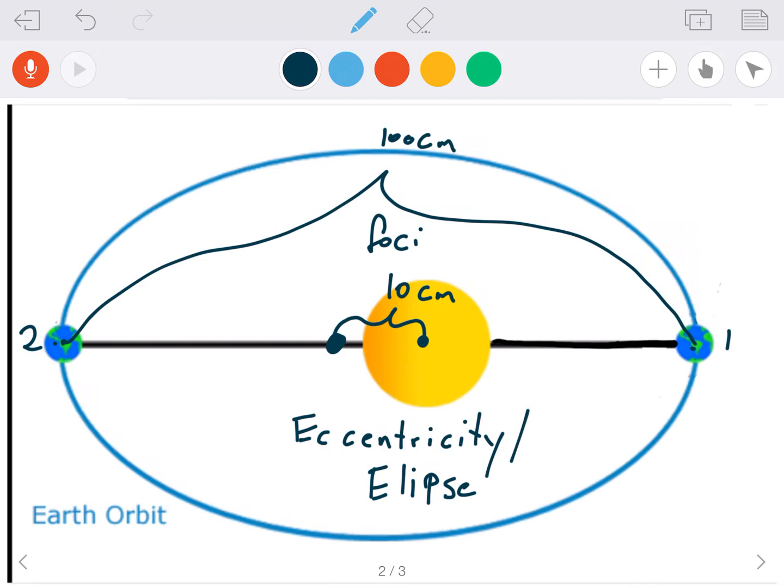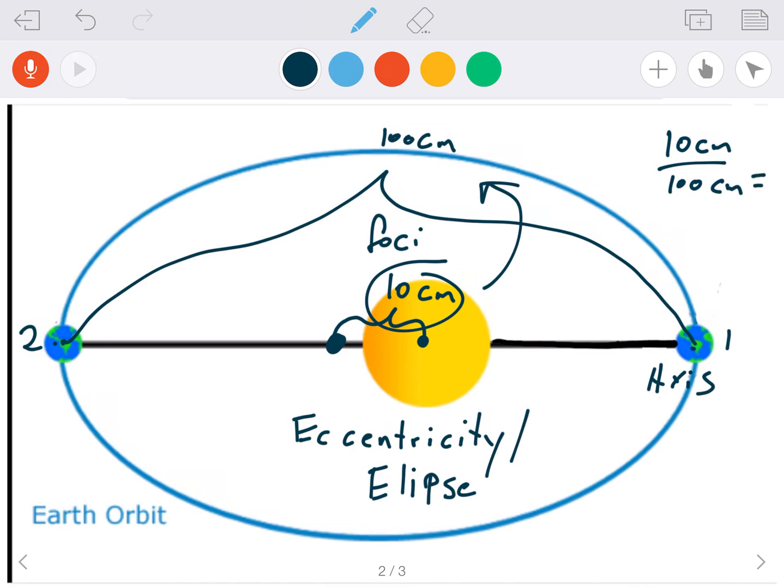So the eccentricity formula is distance between foci, which is our 10, divided by the length of our major axis, which was 100 centimeters. And you would get 0.1. So our eccentricity that I just made up in this particular situation was 0.1.